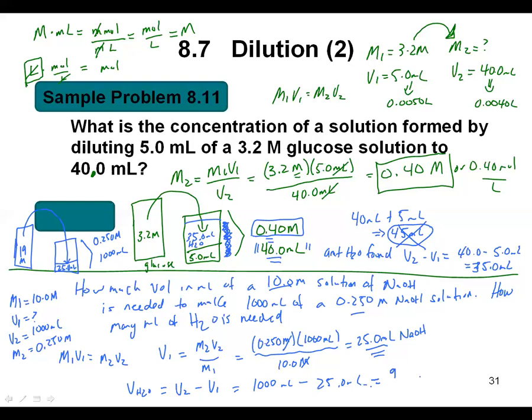So with that 25 milliliters, we would take 975 milliliters of water and dump it in with it. Again, give it a mix and shake, and we would end up with a solution that has a concentration of 0.25 molar.